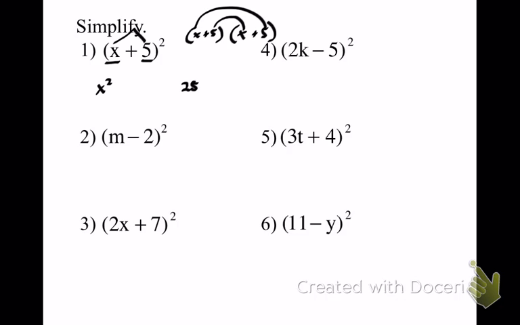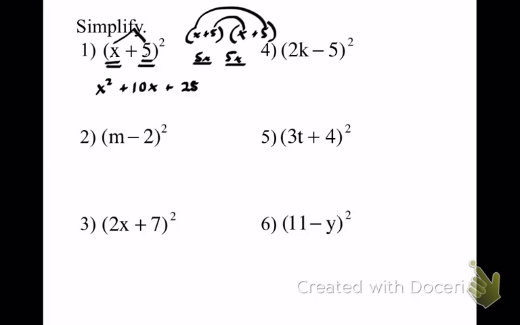Multiply the two together, then double it. So 5 times x is 5x, double it, and we get 10x, plus 10x.